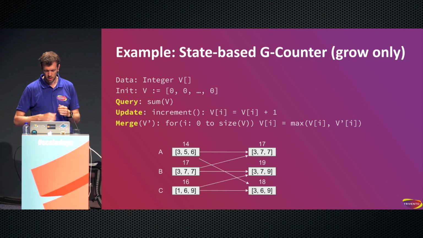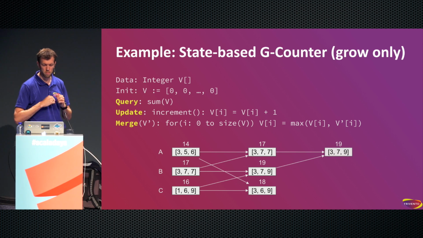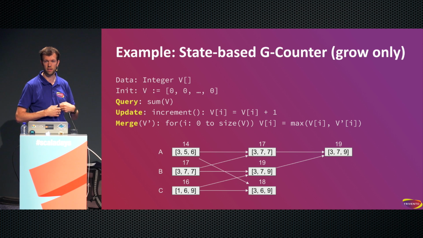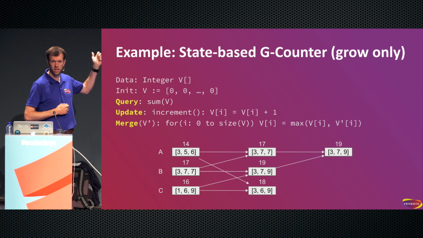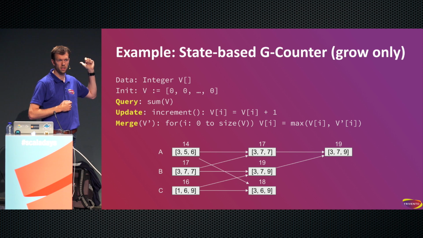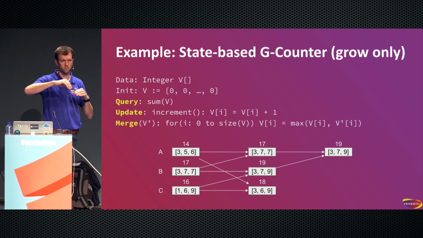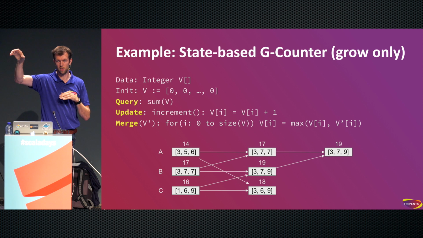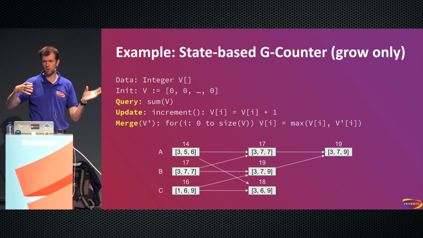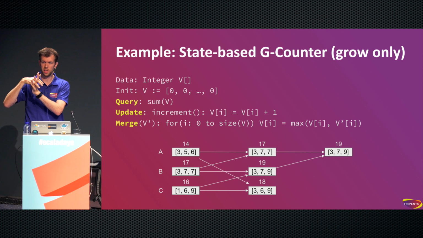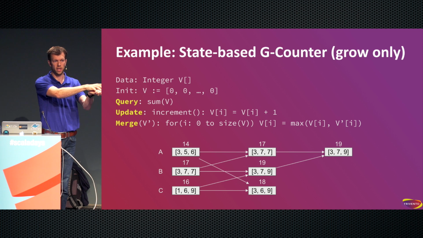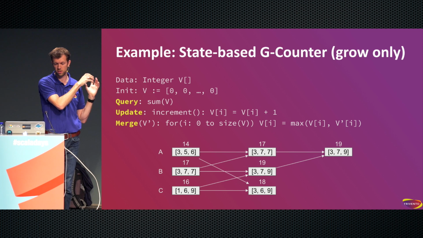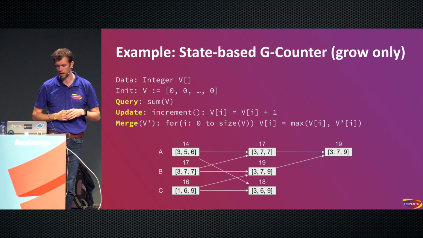So now we continue on this operation, and B will send its information again to node A. What now happens is that the information it got from node C will transitively be given to node A, because node B merged the information of node C in its own data set, and now the full state will be transmitted to node A. So the information from node C is now propagated to node A.